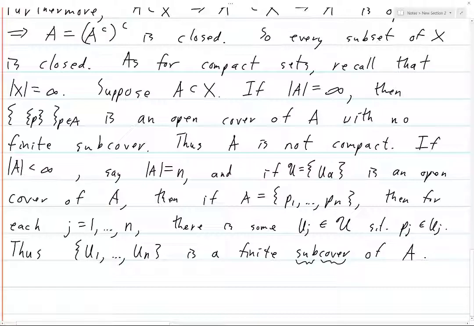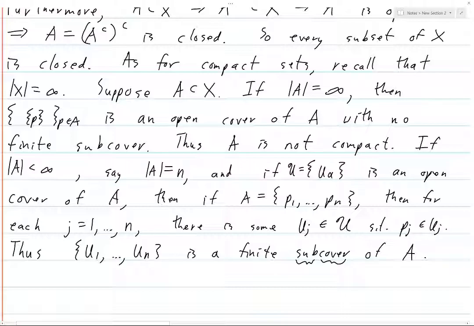So it's a subcollection of fancy U, but it's a cover of the set A. I feel like to be technical, it might be better to say a subcover of A with respect to the collection U, or maybe a subcover of fancy U with respect to the set A.